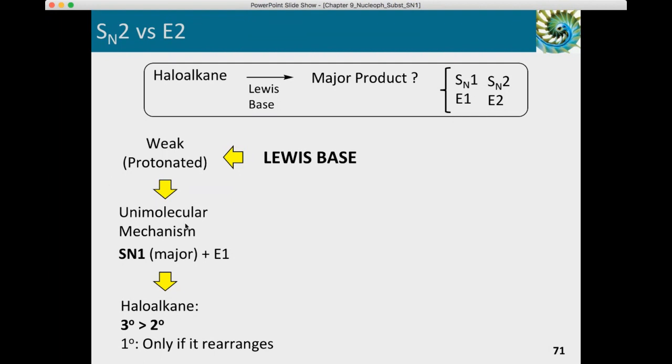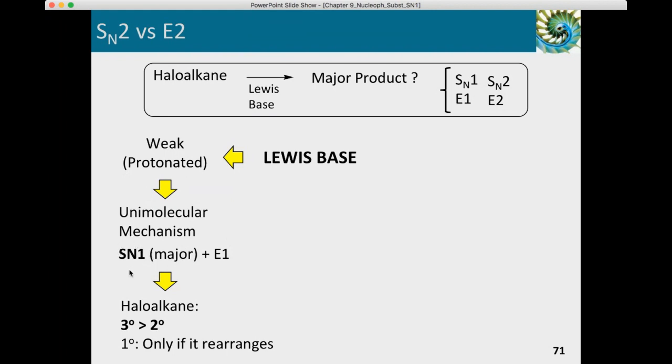In this unimolecular mechanism, the slowest step is formation of a carbocation, which is the same slowest step for both nucleophilic substitution and elimination, and because of that, they always coexist. Therefore, whenever we use weak Lewis bases, we will get a mix of nucleophilic substitution product and elimination, since once again they go through a unimolecular mechanism.